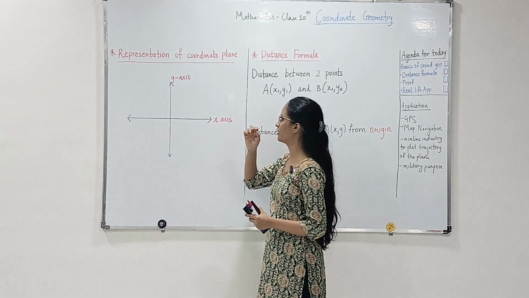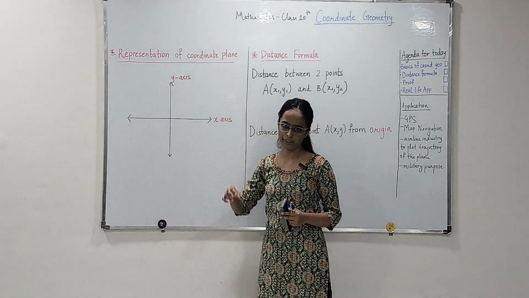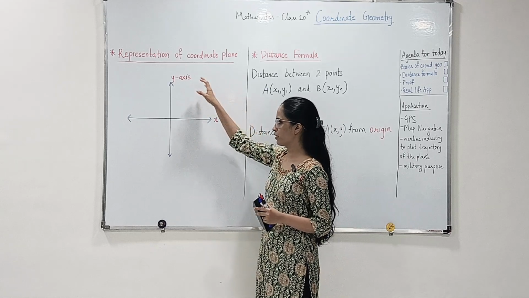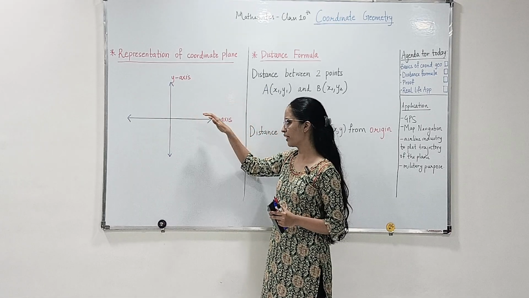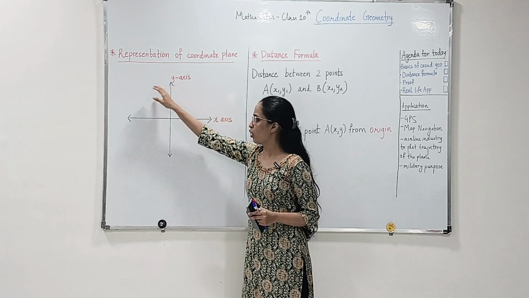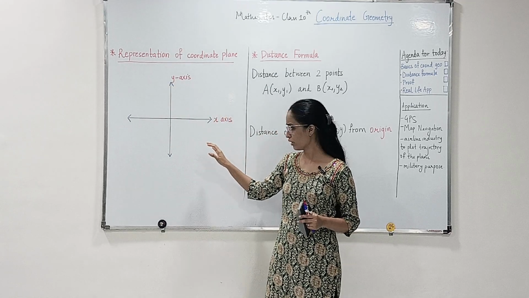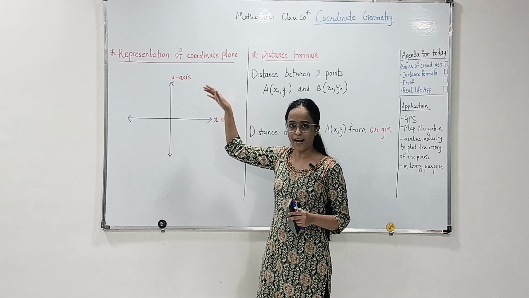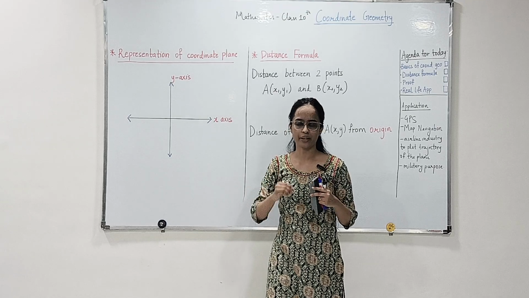Firstly, we are going to understand what exactly is a coordinate plane or the Cartesian plane. Any arrangement of this form, wherein you have an x-axis and a y-axis, is called a coordinate plane. Clearly, there are two axes denoting two dimensions.